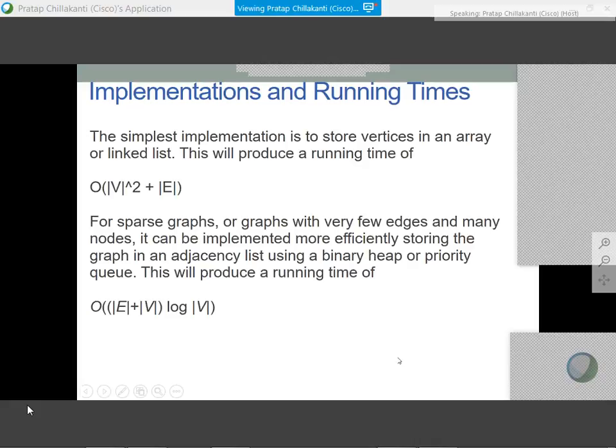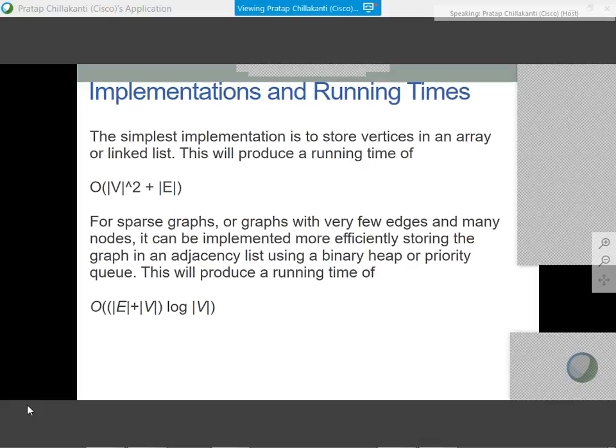Okay. Now, whenever we have these algorithms, we always want to see the complexity, right? That's what we started off this subject on. Okay. So how do you do that? You typically save them in either an array or a linked list. And you can see the running time is of the order of V squared plus the number of edges. Okay. If the graph is sparse, you can optimize it a little bit.